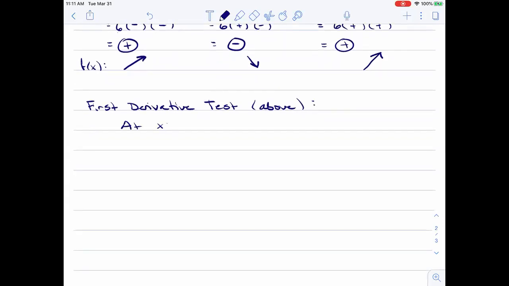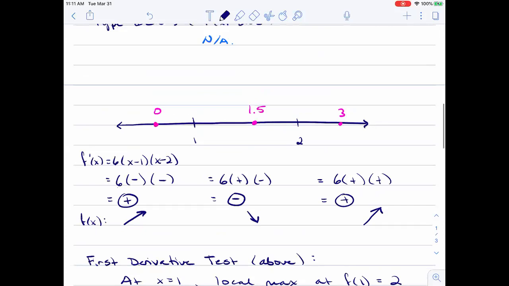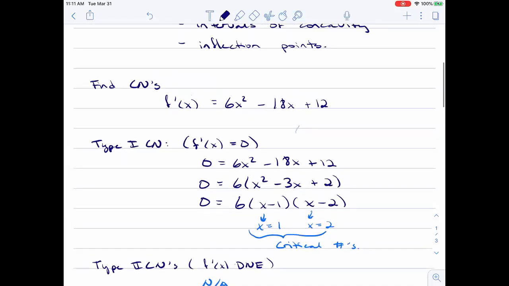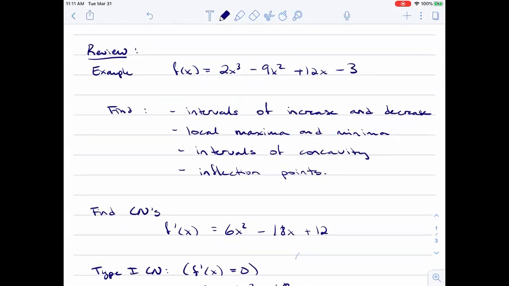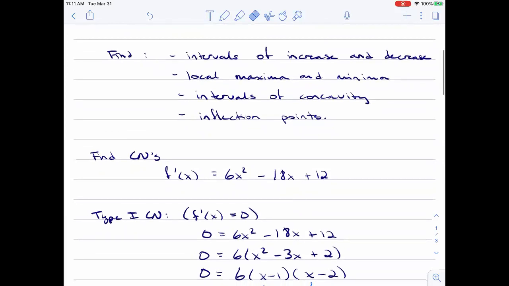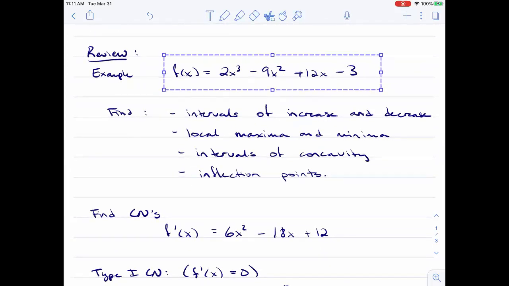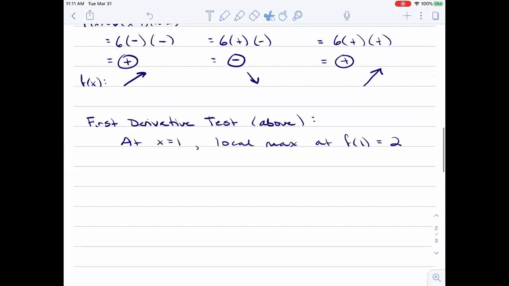It says that at x equals 1, we've got a local max at f of 1 equals 2, right? F of x was 2x to the 3 minus 9x squared plus 12x minus 3. So if we plug in x equals 1 here, let me just copy so I don't have to write that all down again.